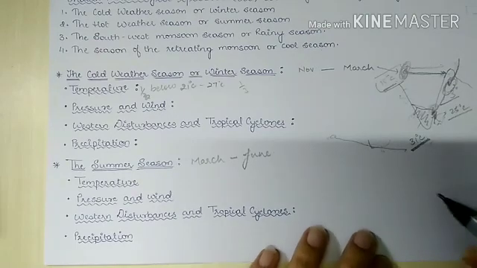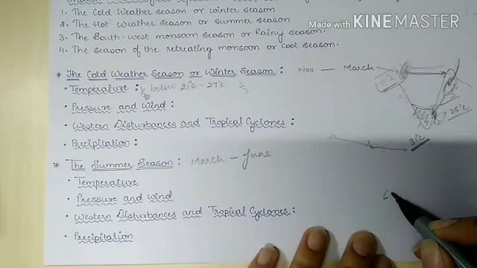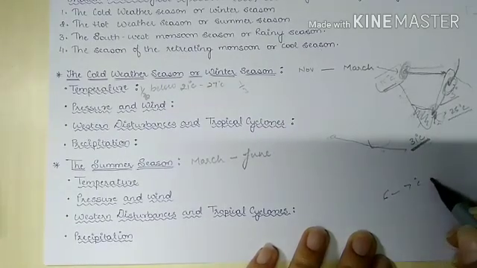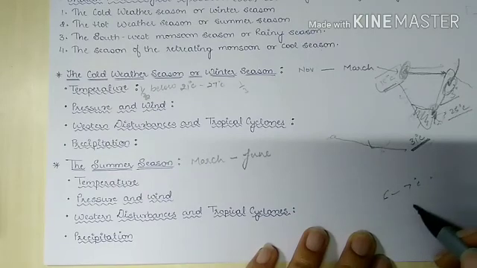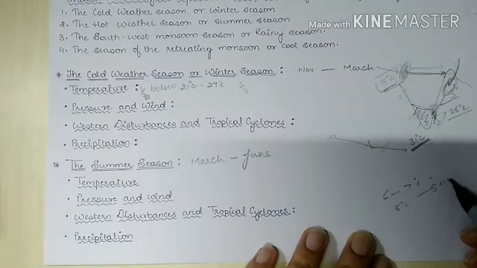So if the departure is 6 to 7 degrees Celsius, it is a moderate heat wave, and if it is 8 degrees Celsius or above, it is a severe heat wave.